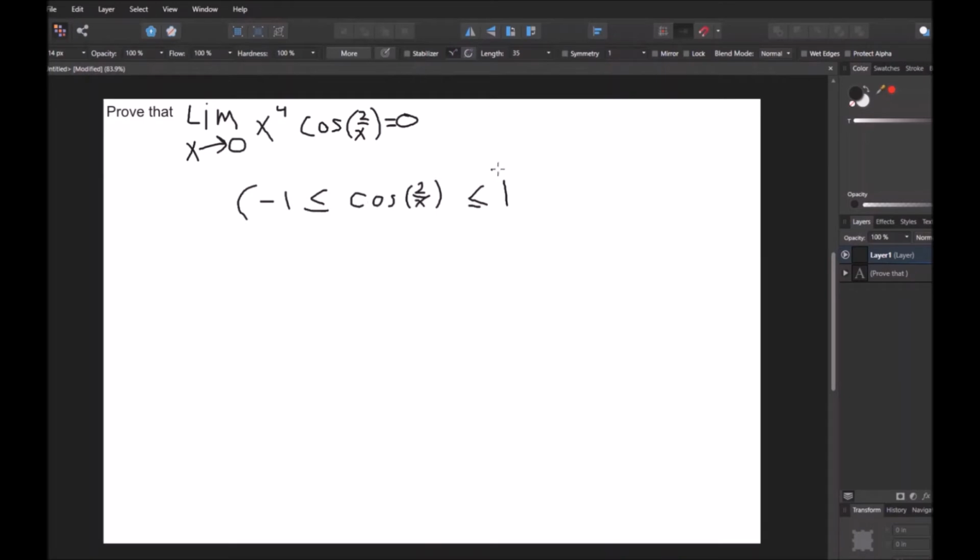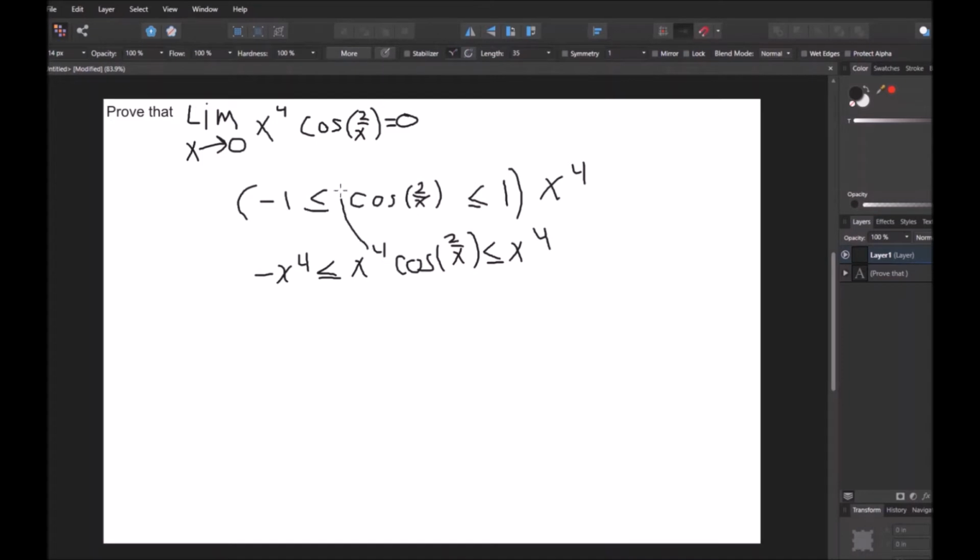So I'm going to multiply every term in this inequality by x to the 4th. So now I have -x to the 4th is less than or equal to x to the 4th times cosine of 2 over x, and that is going to be less than or equal to x to the 4th.